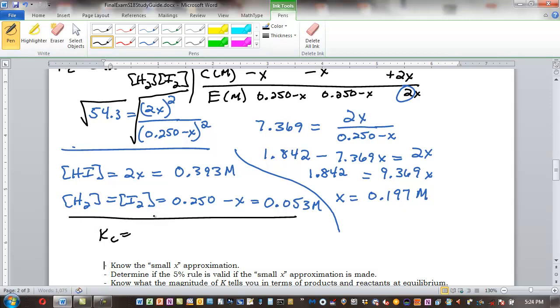we're just going to take HI squared, which would be 0.393 squared, H2 times I2, so we could have squared that as well. And I come up with 55.0 to 3 sig figs.